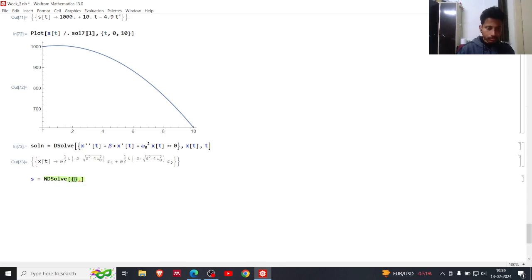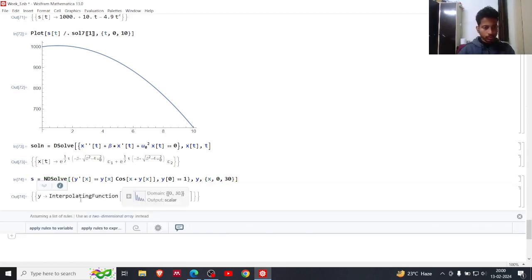Okay, so this is the numerically solved result of this differential equation: y dash x equal to y x cos x plus y x, while y 0 equal to 1.